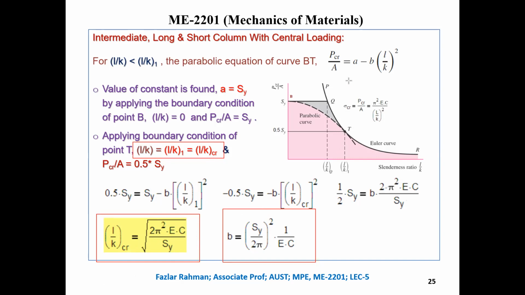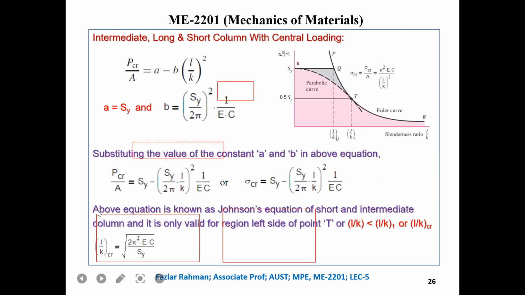So you see, we got the value of A equal to SY, we got the value of B. Substitute over here, and we'll get the equation. So right over here, after you substitute these two values in this equation, you get this one, a little bit bigger equation.